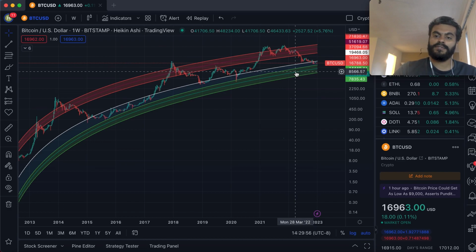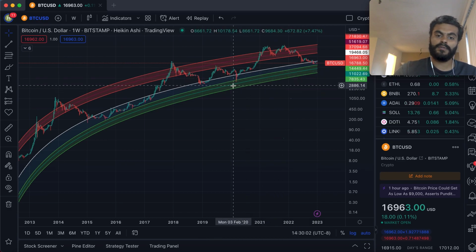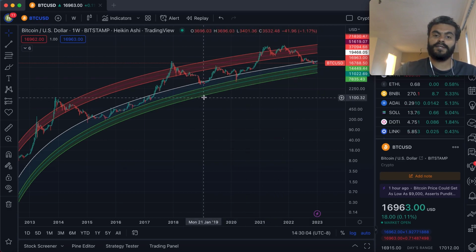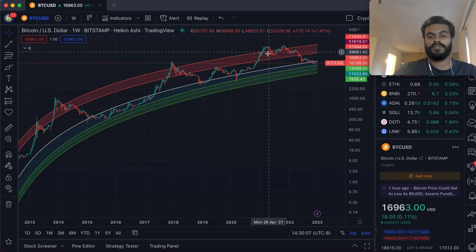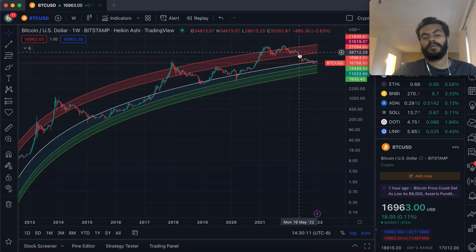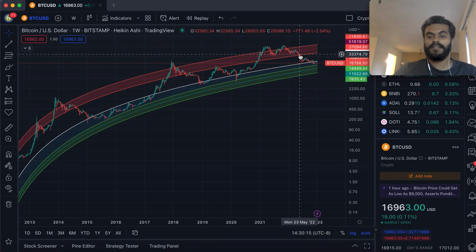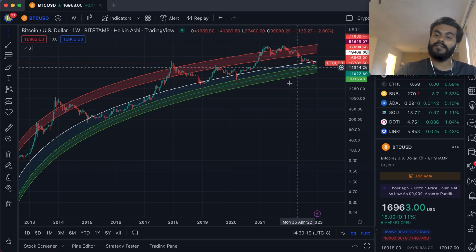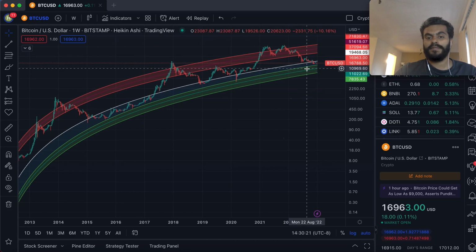As well as just the last point that I would like to make: similar to Bitcoin spending considerable time in the red regression area, in these first three market cycles, Bitcoin might spend considerable time in the green regression band as well.